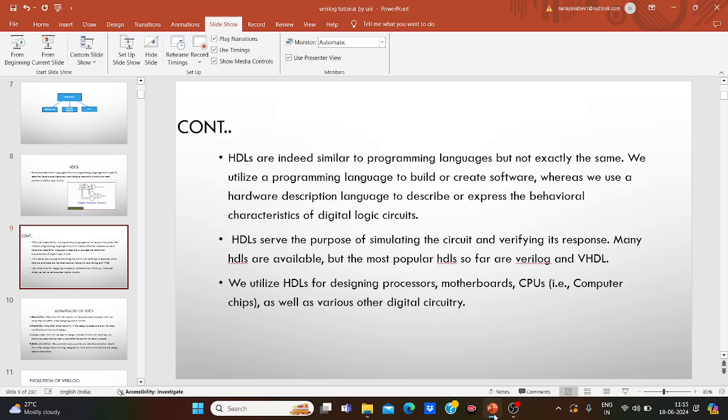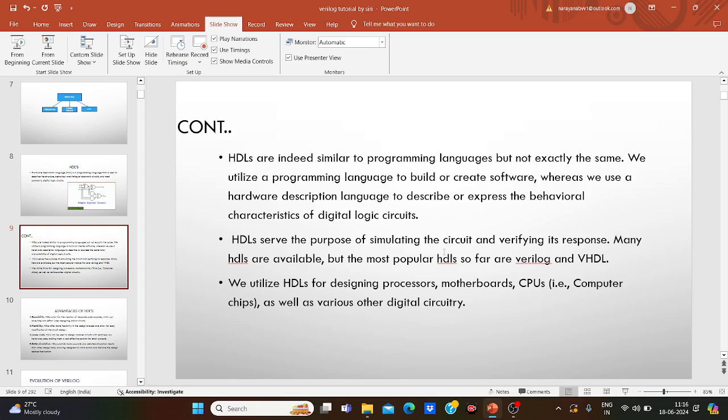Got my point? HDLs serve the purpose of simulating the circuit and verifying its response. What is the use of HDLs? When you have the physical form of a circuit, the hardware, you can't easily make changes in the physical form of the hardware.